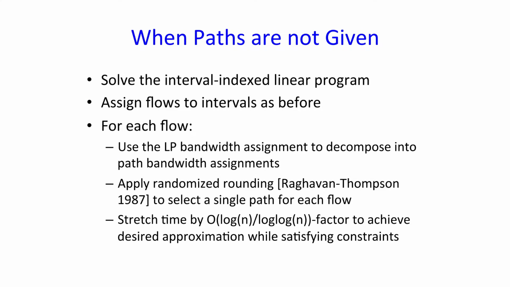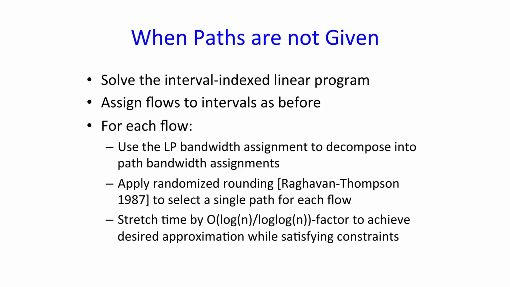Okay, when paths are not given, we can use a fairly standard randomized rounding approach. So we still solve the interval-indexed LP as before, then we assign flows to intervals without deciding the paths first. Once we have done the LP bandwidth assignment and put them in the right intervals, then we apply randomized rounding to select a single path for each flow.